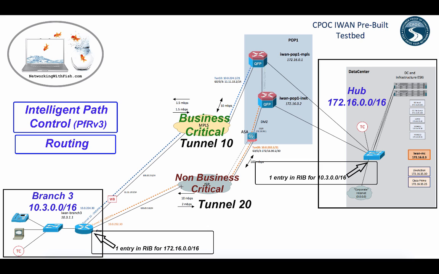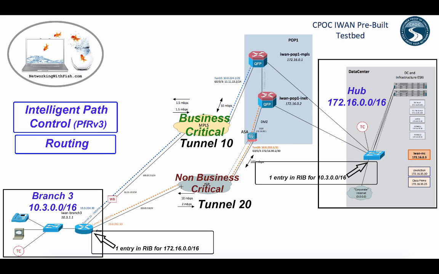What about static routes? With static routes you would also have to have two entries in the rib at branch 3 to get to 172.16. It is with EIGRP or BGP that we can make the deeper decision and actually look at the BGP table or the EIGRP topology table. So again, that is why EIGRP or BGP over your DMVPN tunnels.